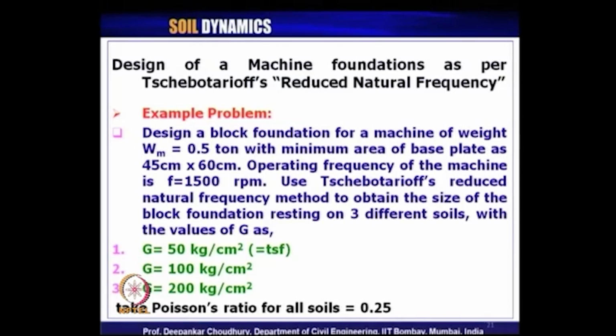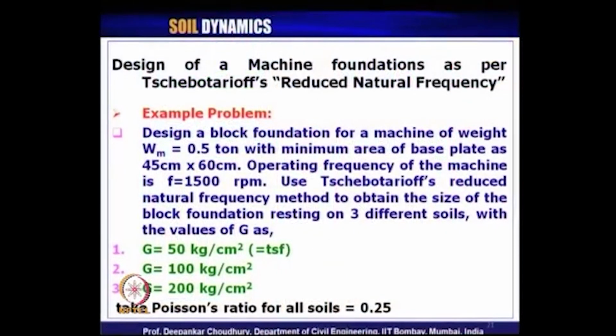Let me tell you first, I am not covering the static part of design here. So, remember this one. When you are doing a design, in actual case, first you must check under static load whether your chosen foundation is safe or not. That is, bearing capacity failure and excessive settlement failure has to be checked.